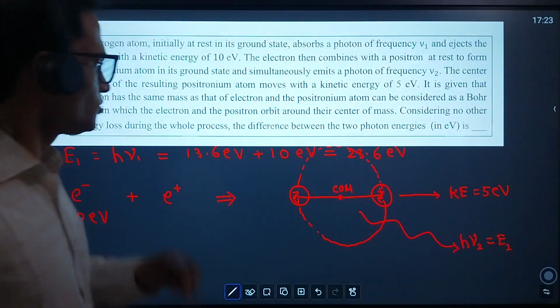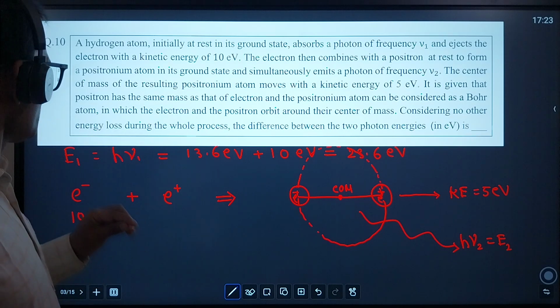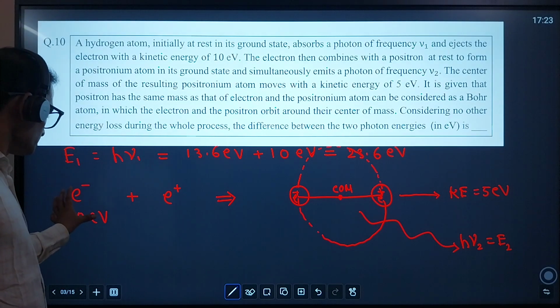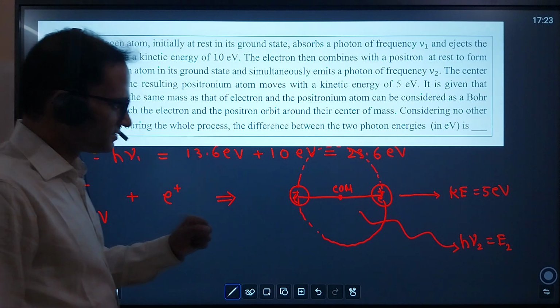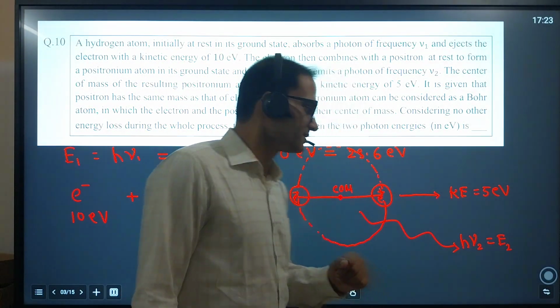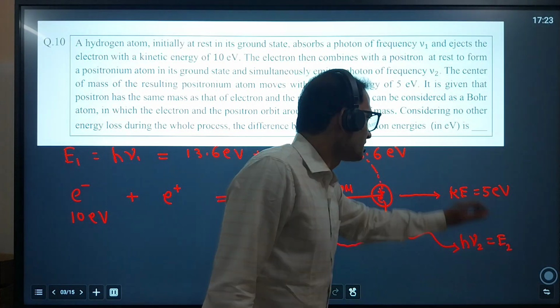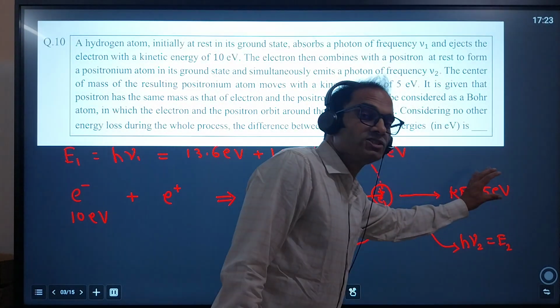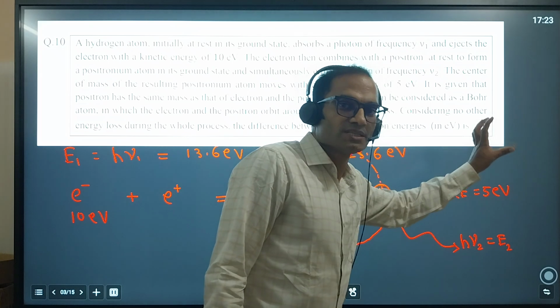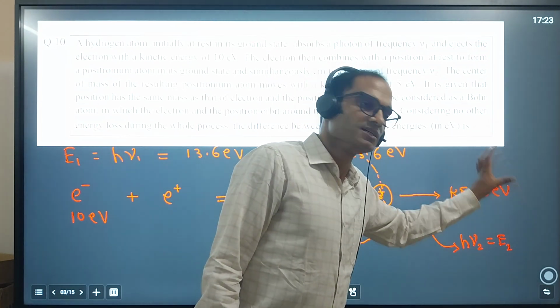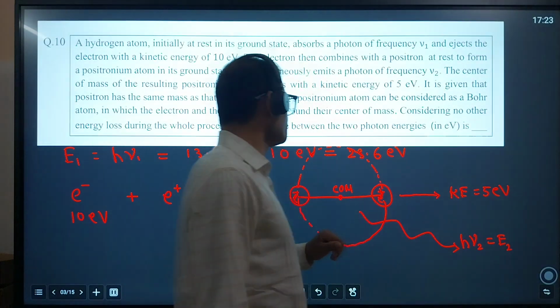So what is happening: we had a total of 10 electron volt of energy. Out of 10 electron volt, we have E2, the energy of the photon, and the kinetic energy of the atom, because the center of mass of the atom is moving with some velocity.